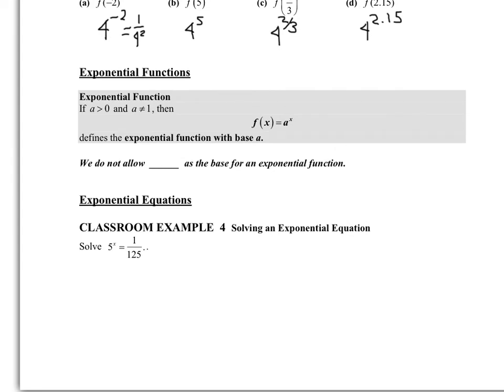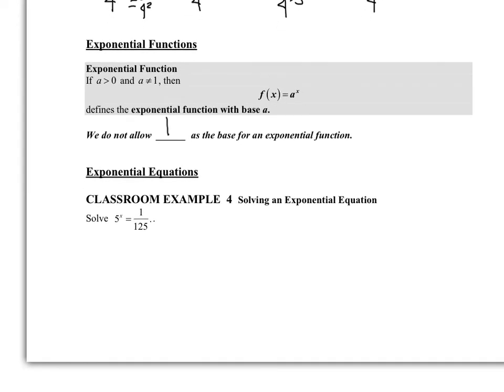Now, if we have the exponential function, some base a raised to the x power, notice what our restrictions are. First of all, a has to be greater than 0, but it also says that a cannot equal 1. We do not allow 1 as the base for an exponential function.